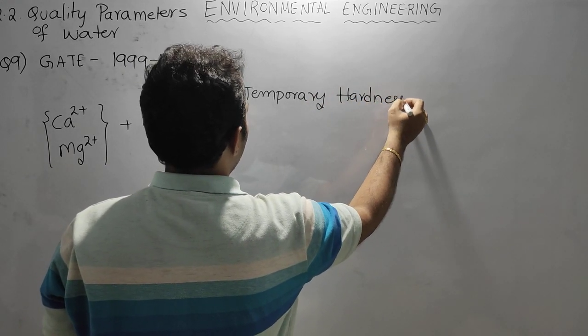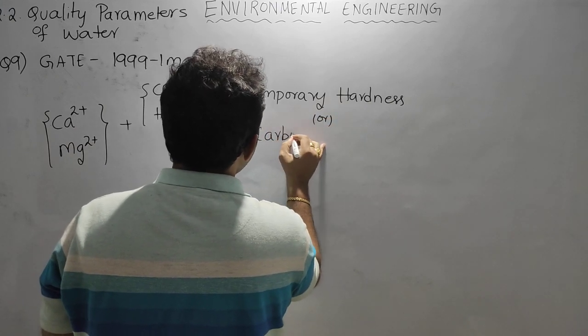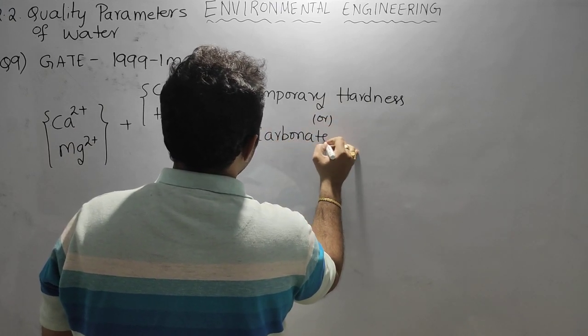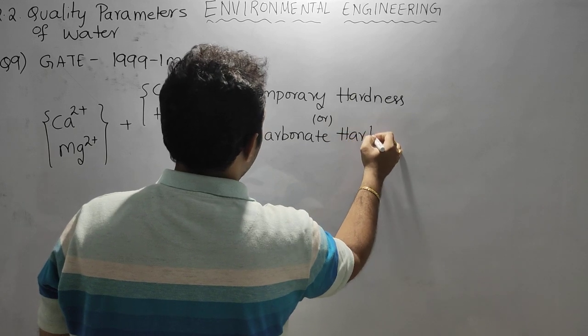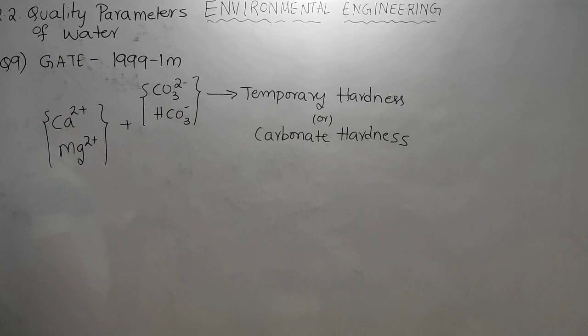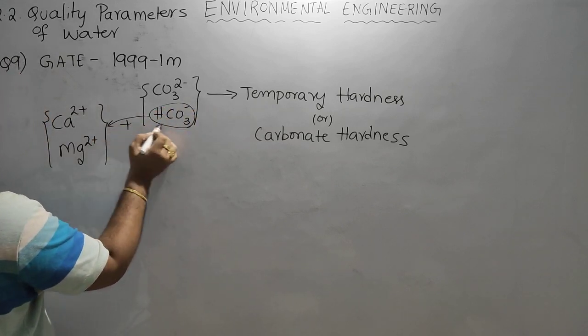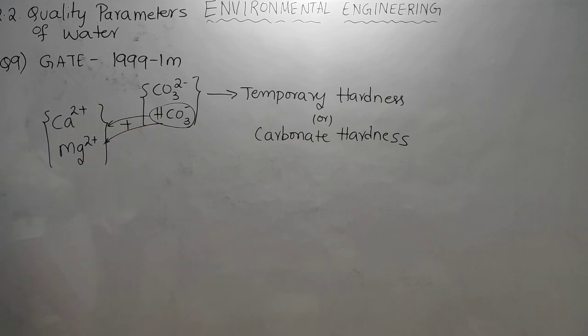Okay, so carbonate hardness is also called temporary hardness. So calcium, magnesium, option A is bicarbonates. So bicarbonate of calcium and magnesium causes temporary hardness. The first option is correct.